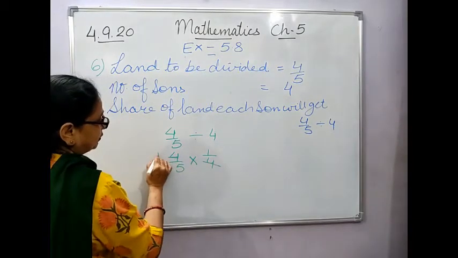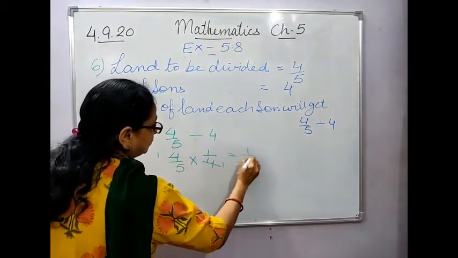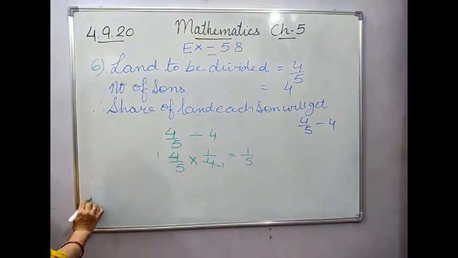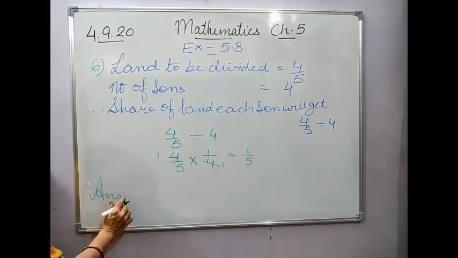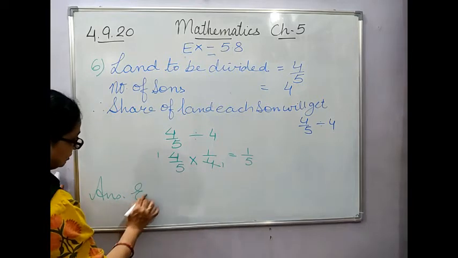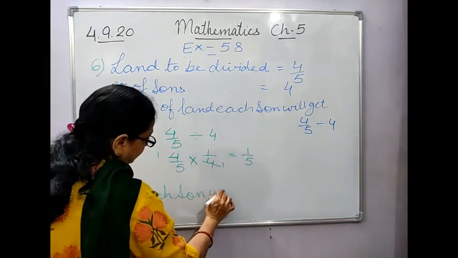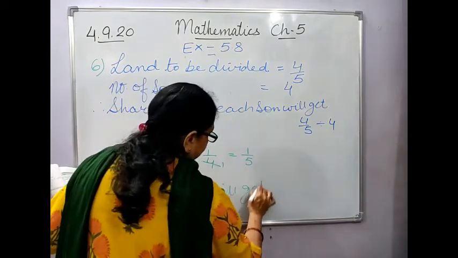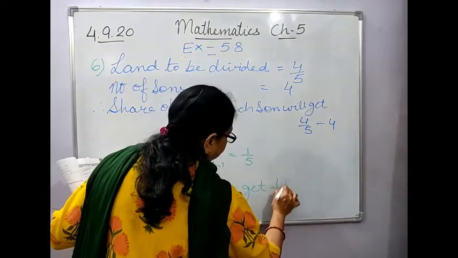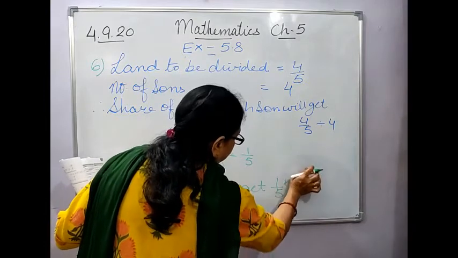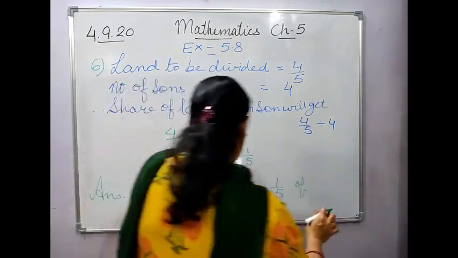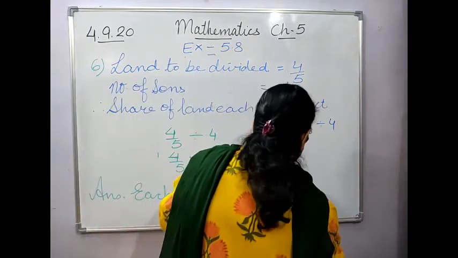So 4 1s are 4, so it will be 1/5 is the answer. And what you will write over here? Each son will get 1/5 of the land.